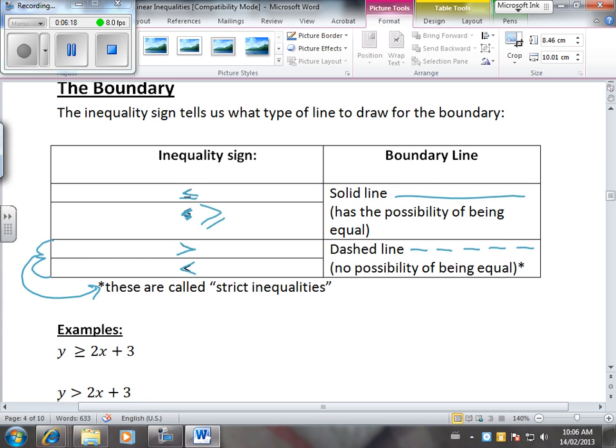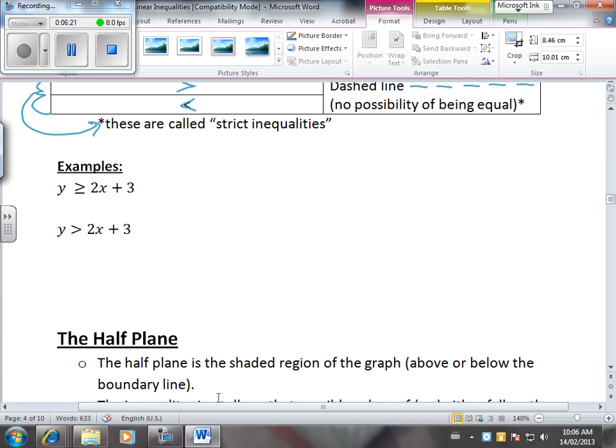So if we look at these examples here, y is greater than or equal to 2x plus 3, what kind of line would we draw? If we look at the sign, draw your line. And then for the one below, y is greater than 2x plus 3. Here we have that sign.